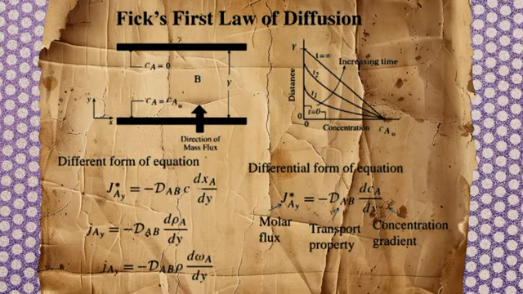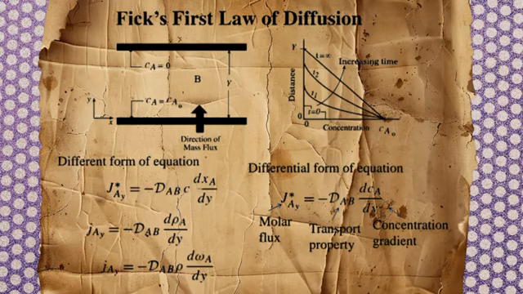And mass flux, which is denoted as small j, is written as small j is equal to minus DAB d rho A upon dy. If you have mass fraction, you can write small j is equal to minus DAB into dWA upon dy.